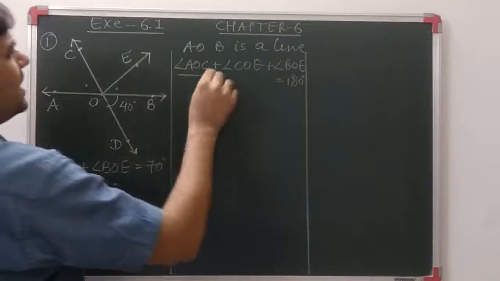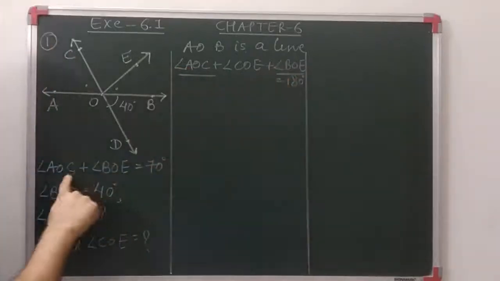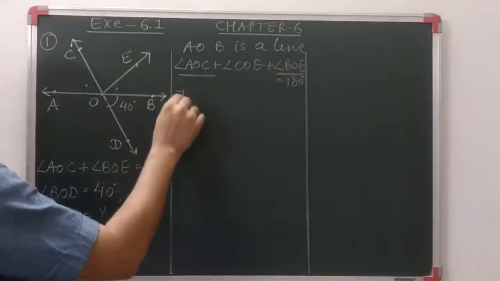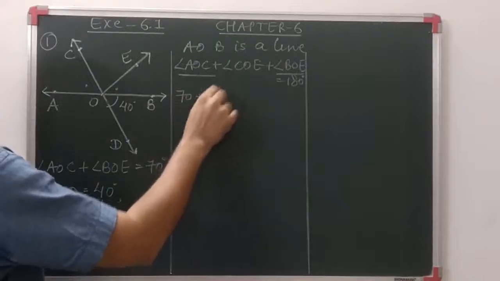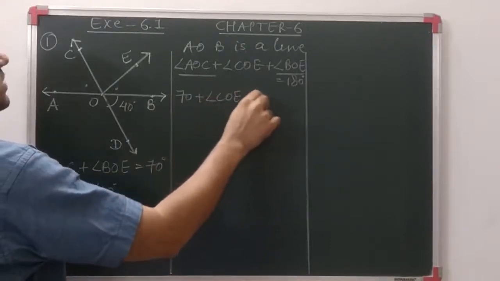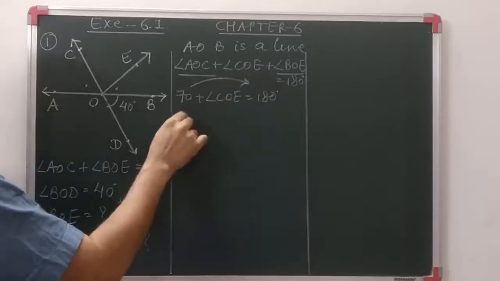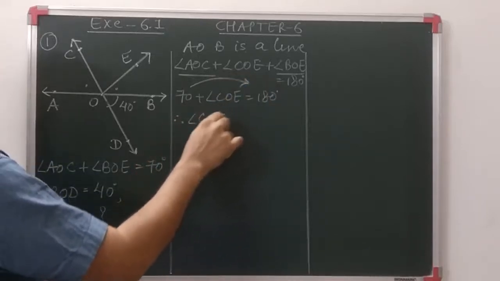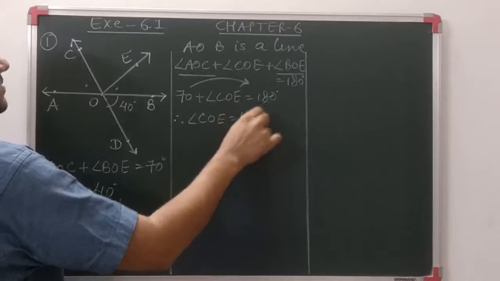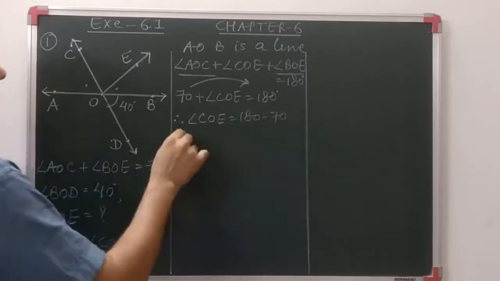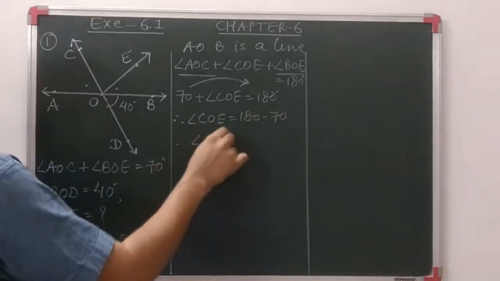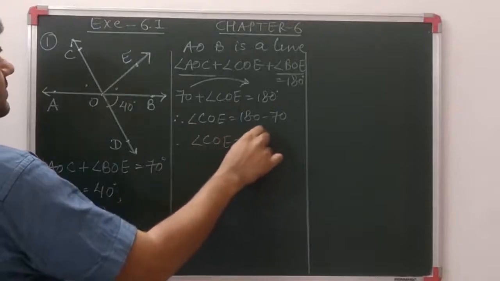We have the sum of AOC and BOE, which is given in the question, as 70 degrees. So we'll write 70 for this, and plus COE is equal to 180. Let's take this 70 to the right hand side. So angle COE is equal to 180 minus 70. So angle COE is equal to 110 degrees.